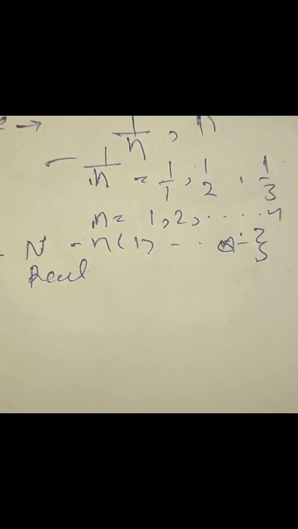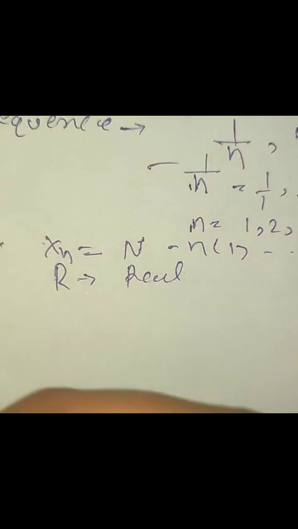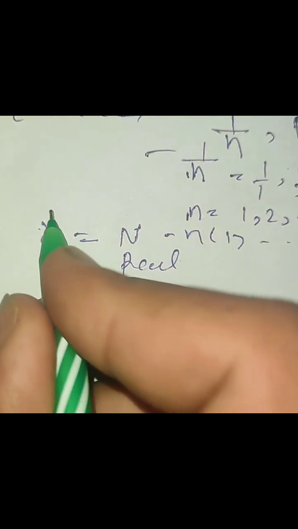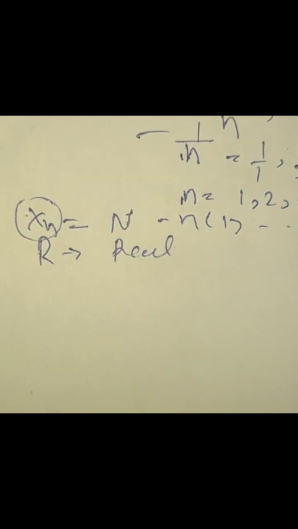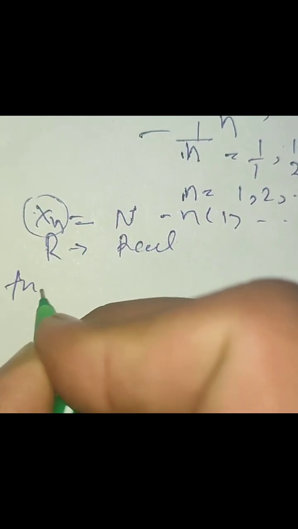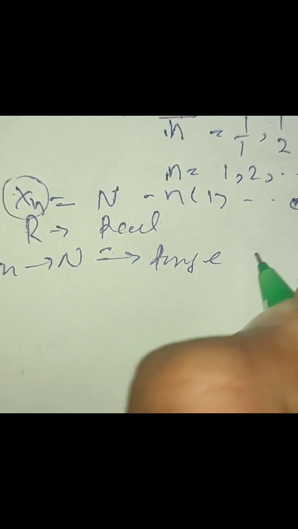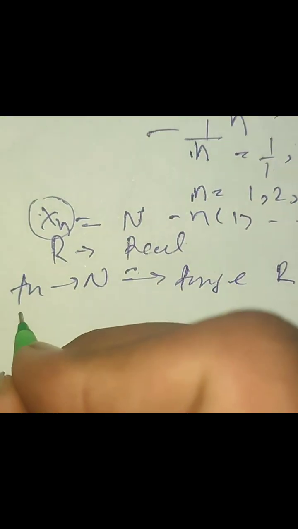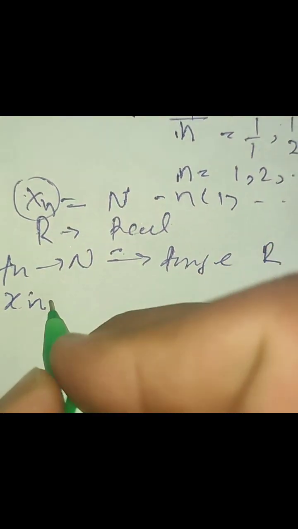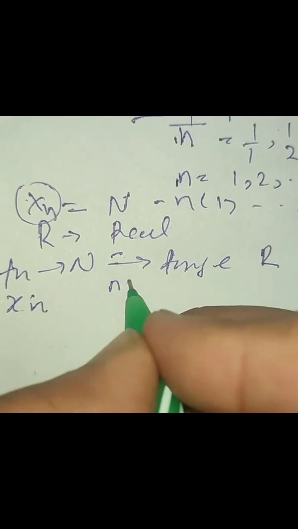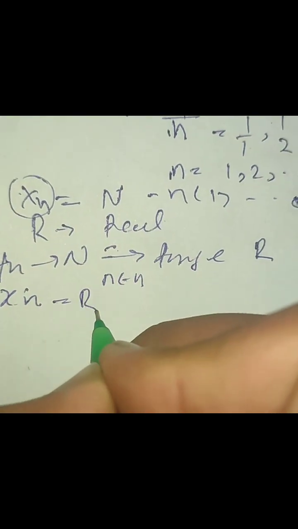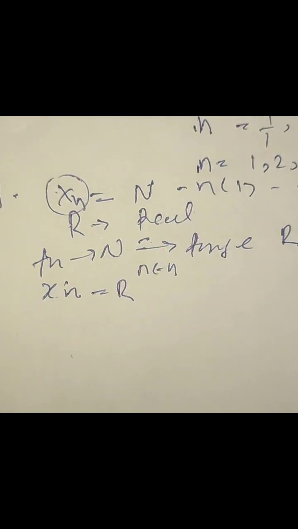So a sequence is a function of natural numbers whose range is R. For example, xn is a sequence where n belongs to the natural numbers, and the range we get is R. That is the definition of a sequence.